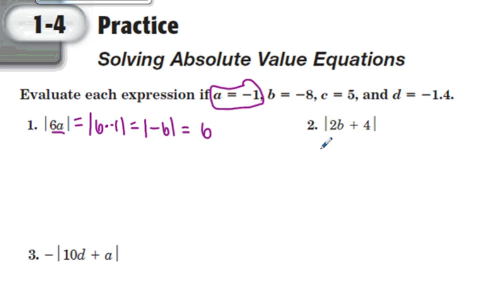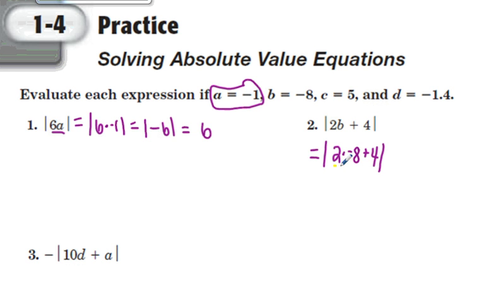In problem number 2, we are looking for the absolute value of 2b plus 4. So I'm going to replace my b value with -8 as per my directions. So I've got the absolute value of 2 times -8 plus 4. Remember your order of operations.